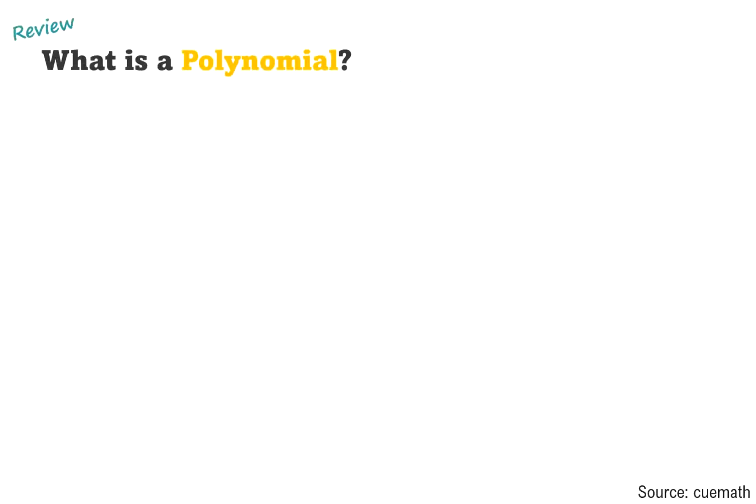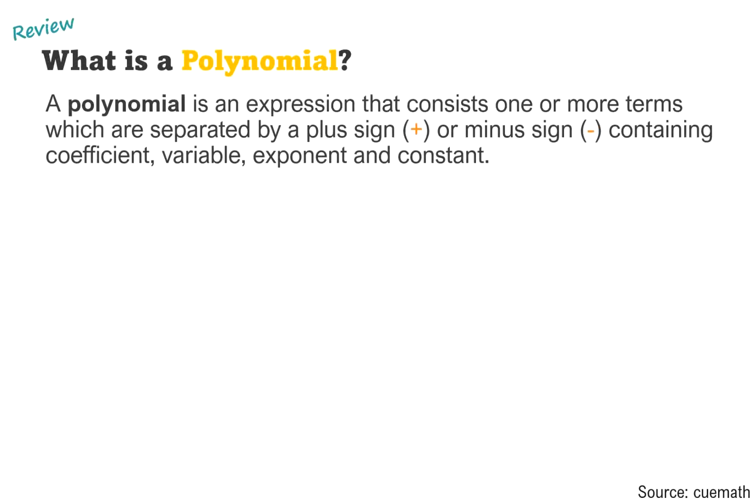Before we start, let's have a quick review. Ano nga ba yung polynomial? So, pag sinabi natin polynomial, it is an expression that consists of one or more terms which are separated by a plus sign or minus sign. So, kagaya nito, we have here three terms separated by a plus sign and minus sign, which contains yung coefficient.